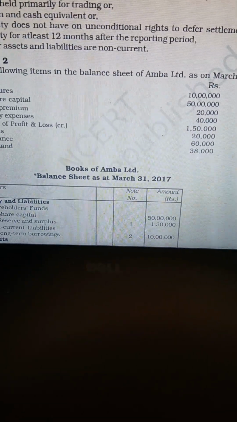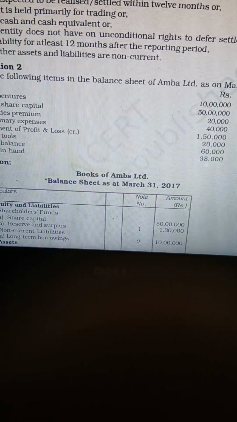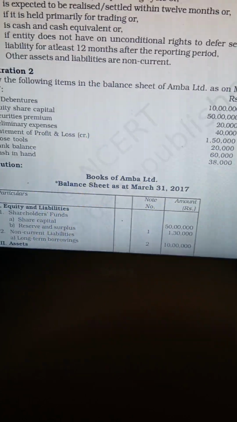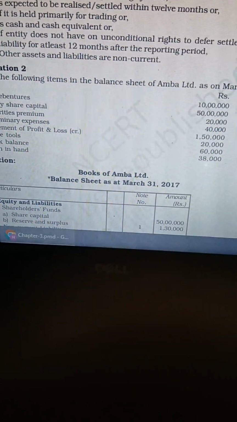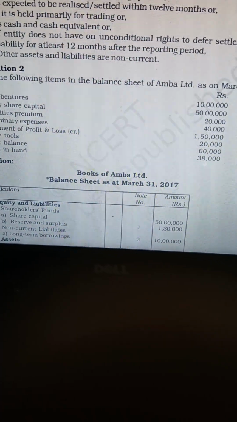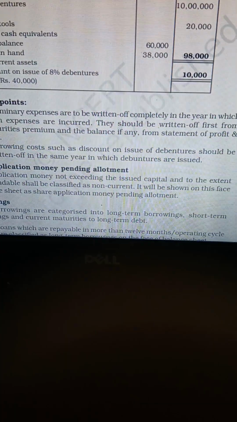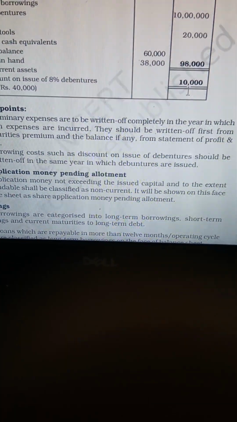So the amount of discount on issue of 8% debentures is 40,000. Then that amount is to be written off in 4 years approximately. So 40,000 divided by 4, we will get the amount as 10,000 for 1 year.